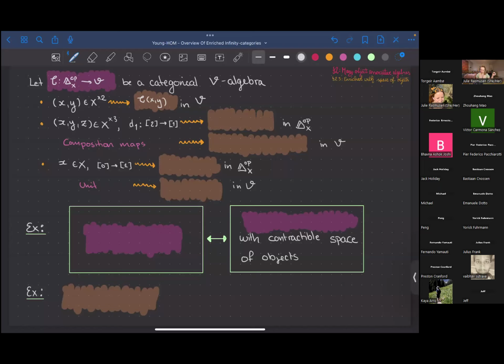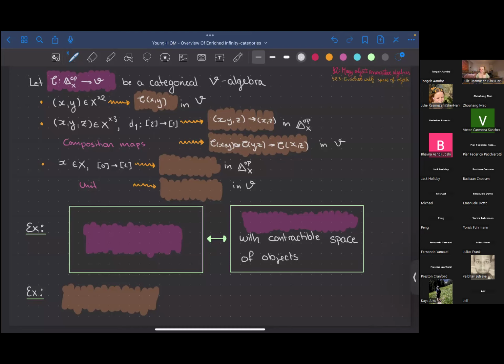The map d1 from 2 to 1 will induce a map from x, y, z into x, z in delta up X, and when we apply C to this, we get our composition map as we would want it: C of xy times C of yz into C of xz. So we get the composition maps.